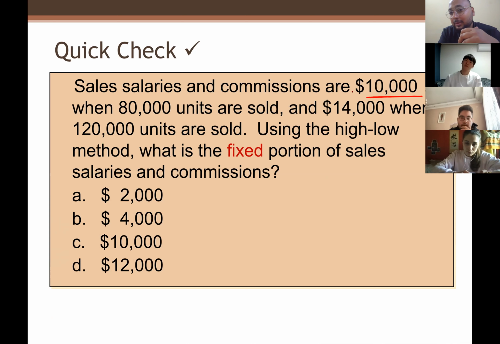And of course, the variable portion would be less than 10,000 and the fixed portion would be less than 10,000. A. Yes, A. Subhan, not B.